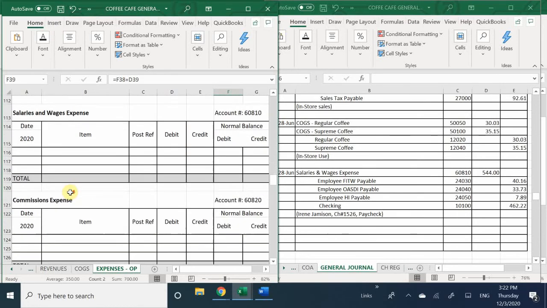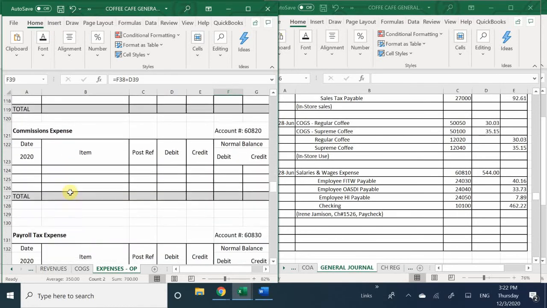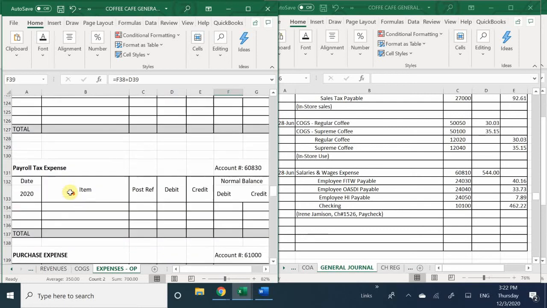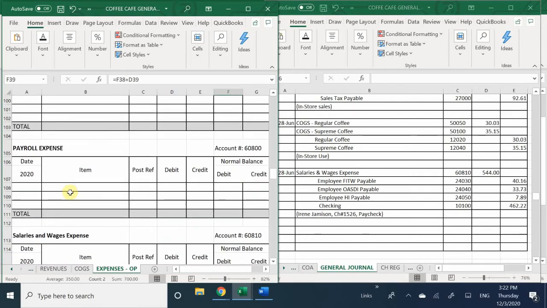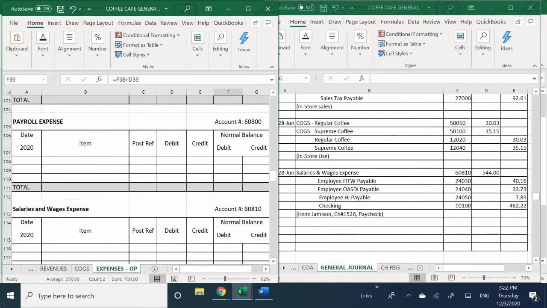6/28 for the date. And then for the item, we would reference the check number here and Irene? Correct. Just in case you have multiple employees. Right, 1526 and Irene Jameson.